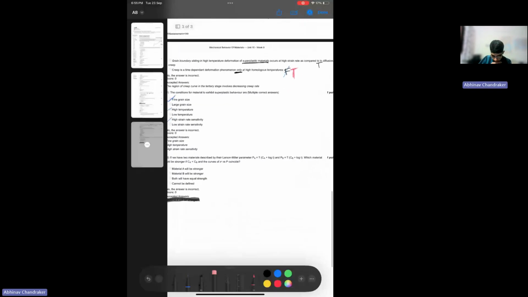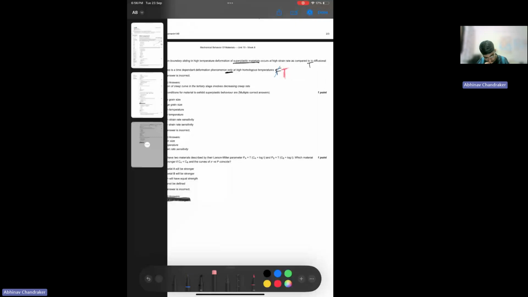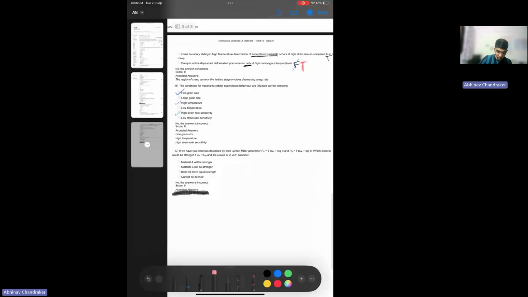You have two materials with LM parameter PA equal to this and PB equal to this. Which material would be stronger if CA is less than CB and the curves of sigma and P coincide? So they have the same sigma versus P curves, only CA and CB are different.